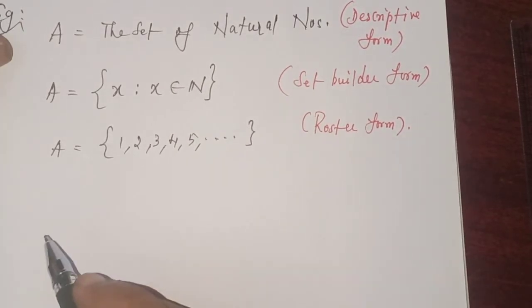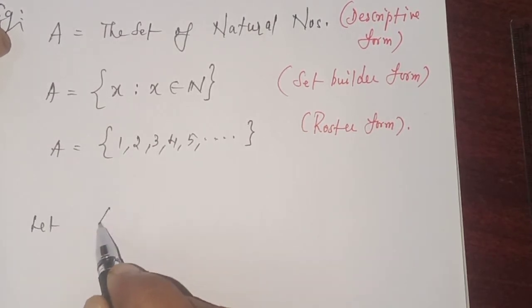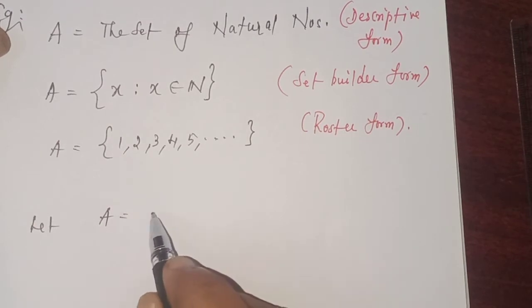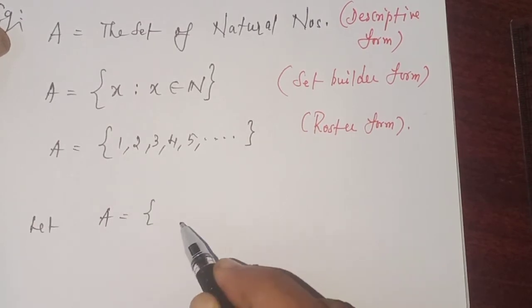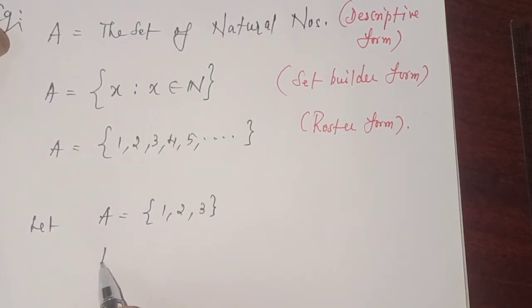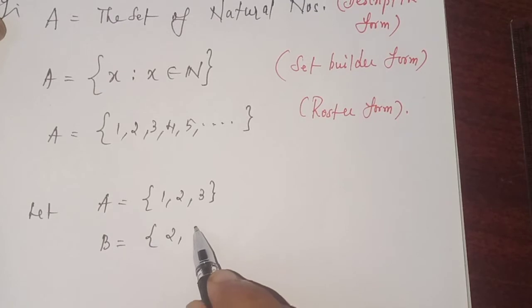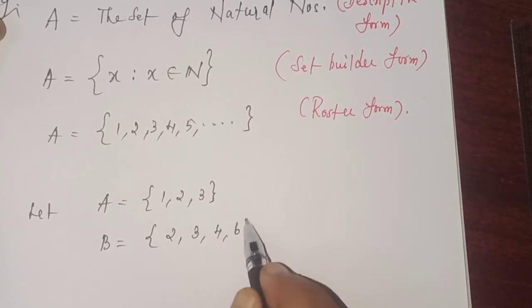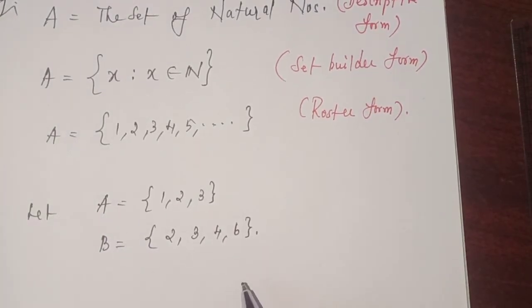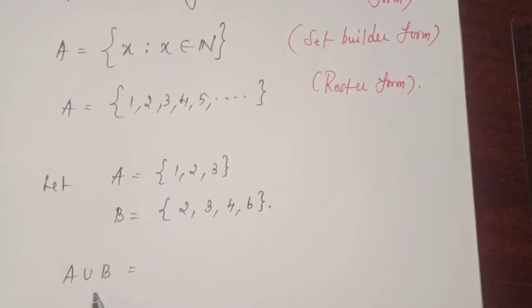Now, I consider two sets. Let A be equal to {1, 2, 3} and set B be equal to {2, 3, 4, 6}. Now I am going to find the union of two sets. What symbol is it?